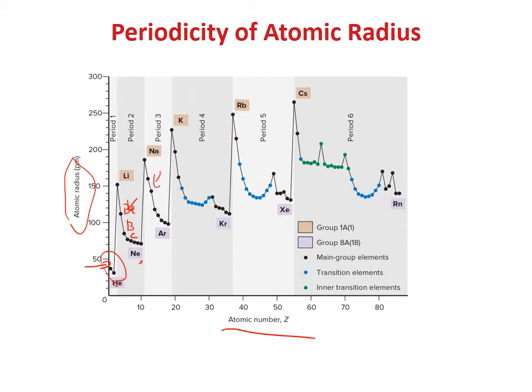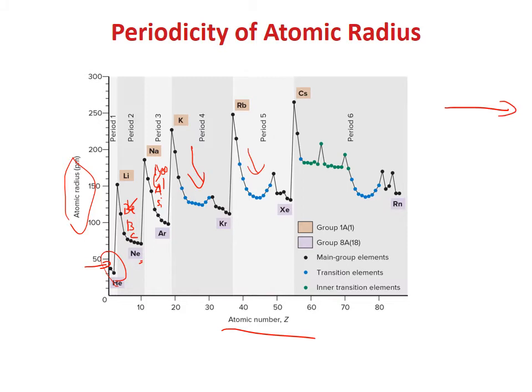And here period 3: sodium, magnesium, and then aluminum, silicon, phosphorus, sulfur, chlorine until argon. Same for period 4, period 5. You can see in general the size decreases across a period.